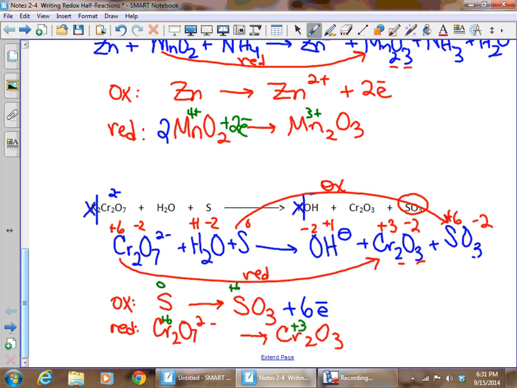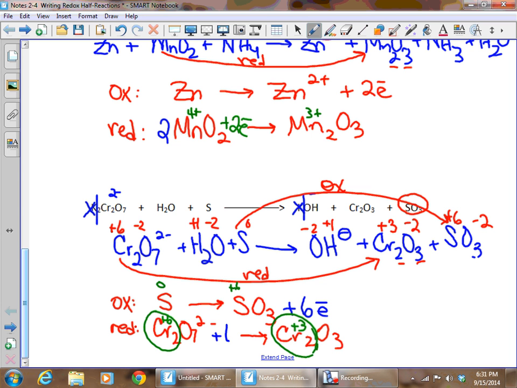Because it happens twice. We're actually going from 2 chromiums, which is a total of +12, to 2 chromiums on the right-hand side, which is a total of +3, excuse me, +6. So that total +12 to the total +6 is actually a 6-electron change.